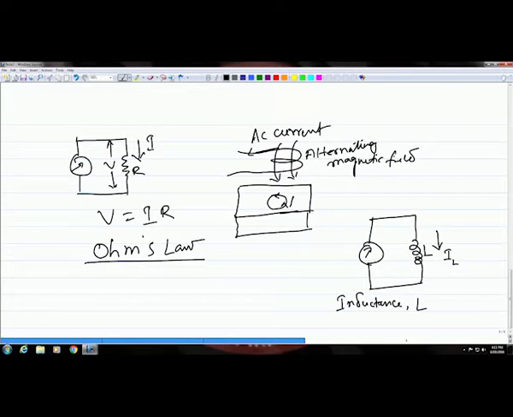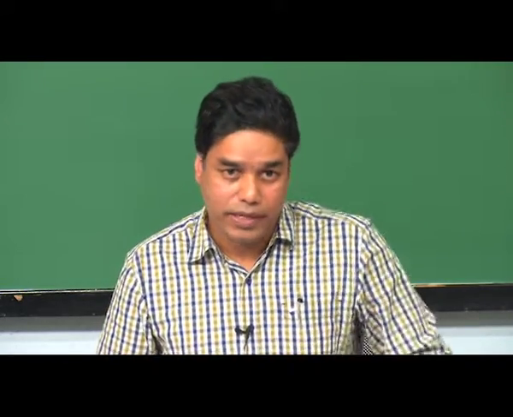In this case, in case of Ohm's law, if you plot the voltage or current, then the voltage and the current are in phase. Okay. So, let us say this is the voltage and this is the current. There is no phase lag between the current and the voltage, they are completely in phase.